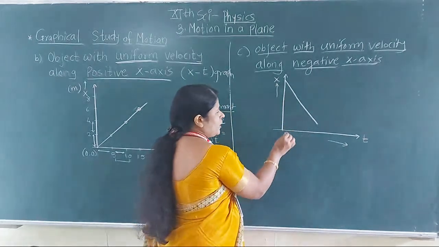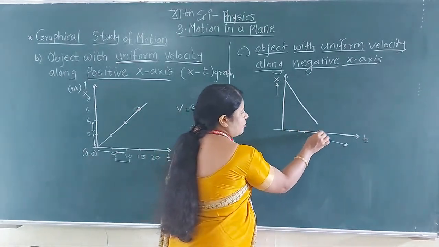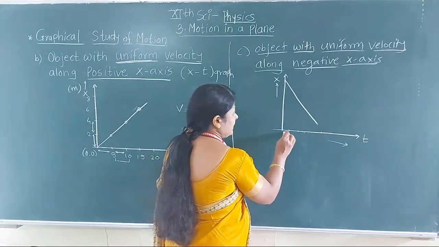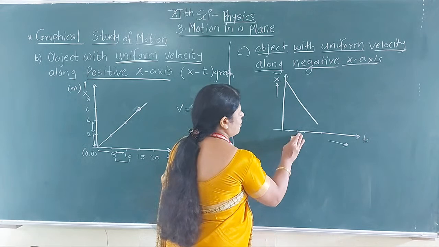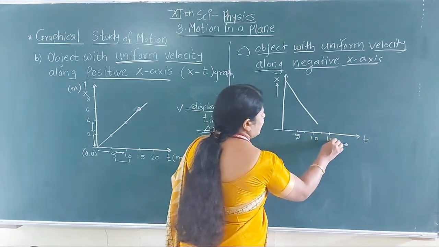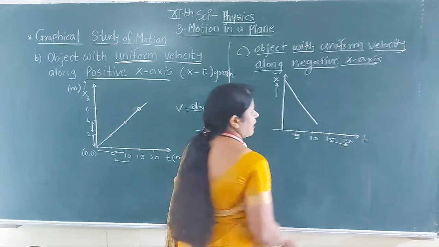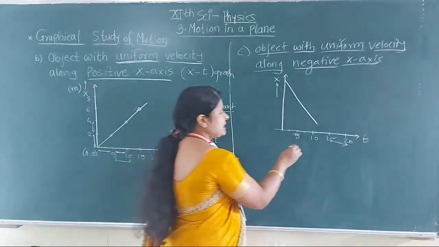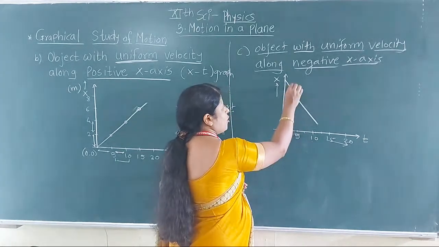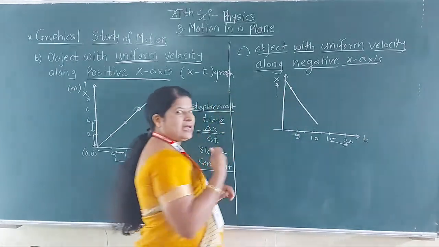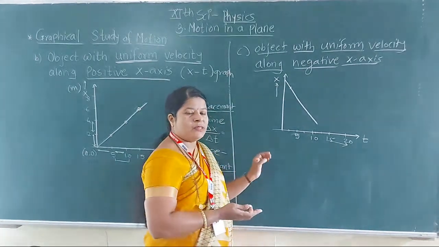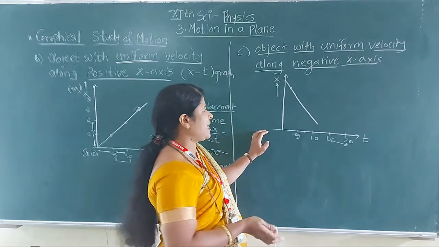From this graph, we learn that as time passes, for example, if we have taken 2 minutes, 5 minutes, then 10 minutes, then 15 minutes and 20 minutes, as 5 minutes passes, the object travels in the negative x-axis.